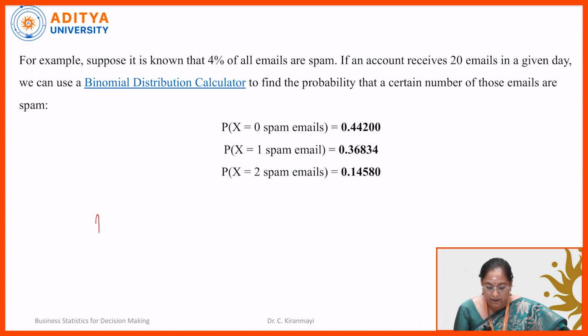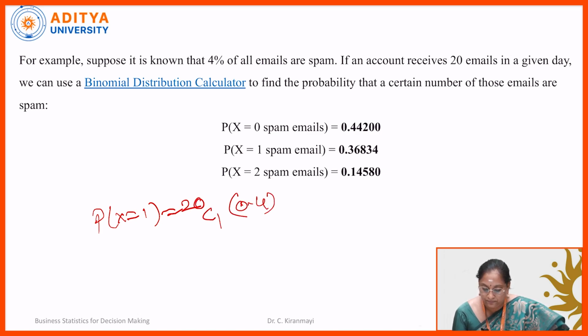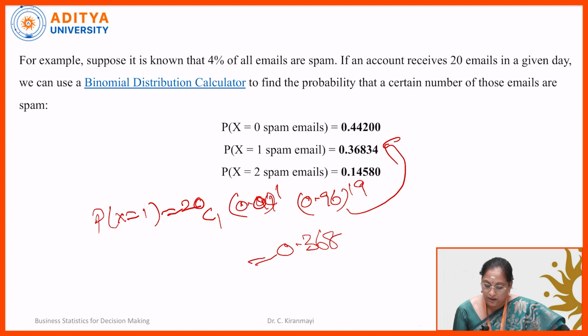And somebody may be interested in knowing that out of 20, what is the probability that one mail is going to be a spam mail. So, here also 20 C 1, p power 1, q power 19. If we compute, we are going to get this answer, that is 0.368.